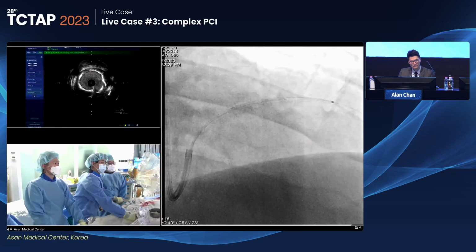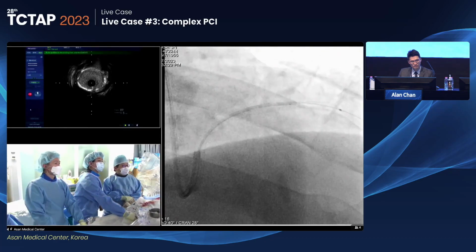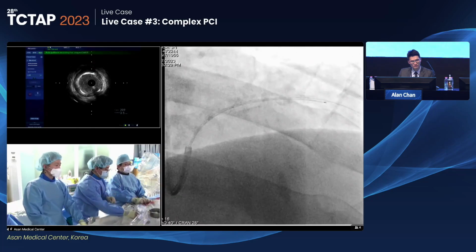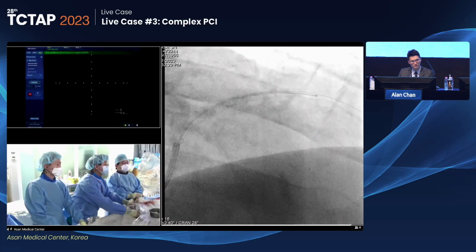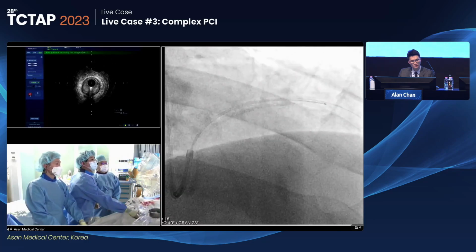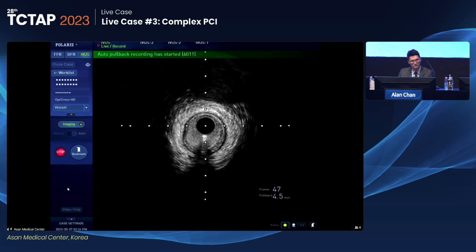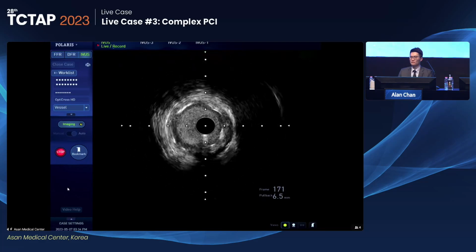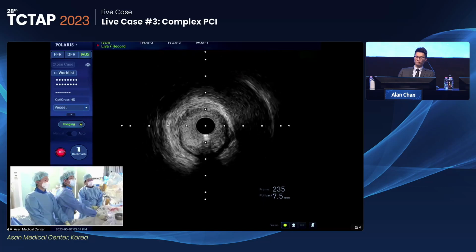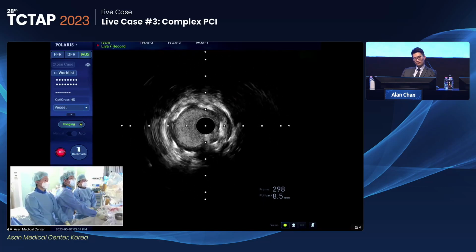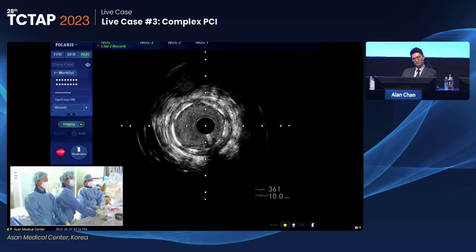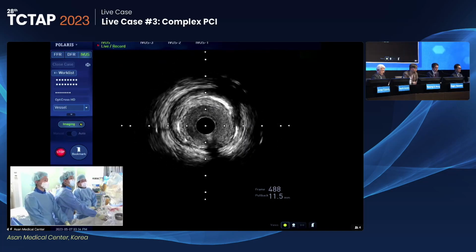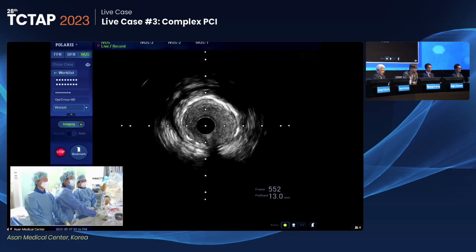Would you like to advance the IVUS catheter more distally? What I mean is that the more distal we go, the more we realize the real vessel size. Here, distal to the stent, the vessel size is not that big. The distal vessel is 2.5 or less than 3.0, but the stented vessel size is 3.0, and the vessel size is almost 4.0.